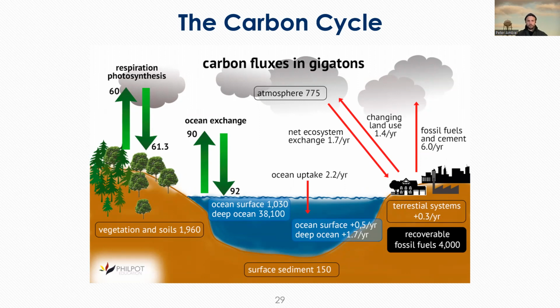So there's a balance between what we breathe and what gets taken up by photosynthesis, right? When we breathe, we exhale CO2, but in photosynthesis, CO2 is taken in and additional energy is added to create sugars and that sort of thing, right?